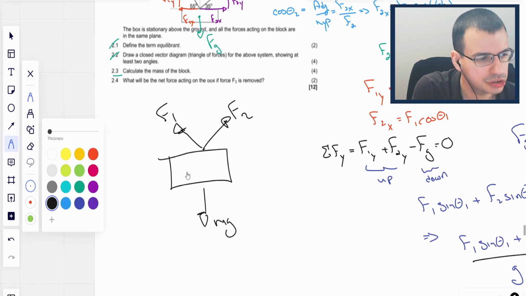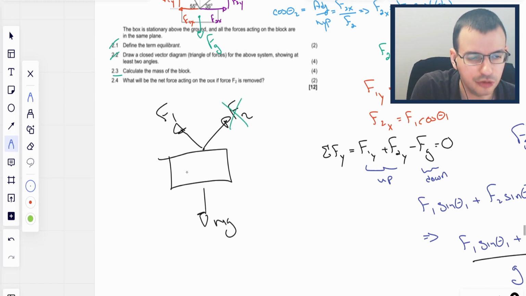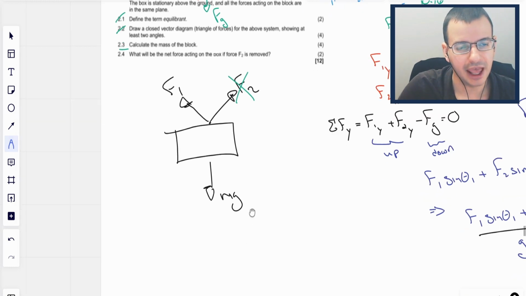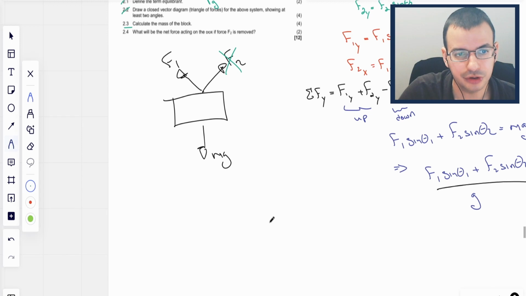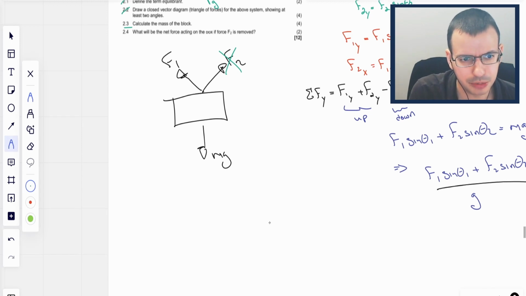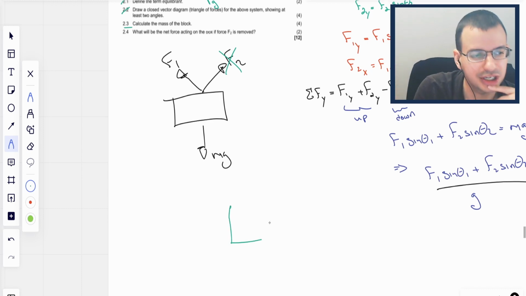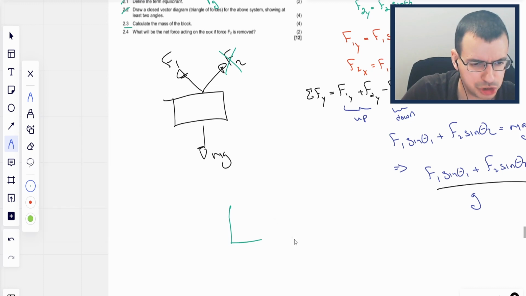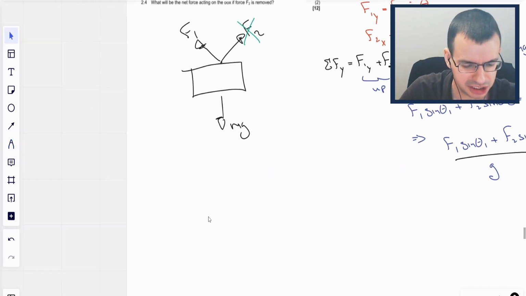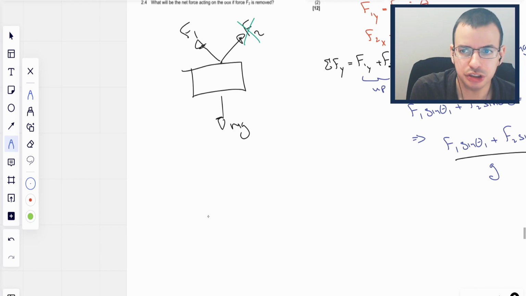I am just going to remove F2 and then calculate the resulting forces here. So what we're going to do is draw a triangle. There's not going to be any reorientating of the strings or anything. Just instantaneously, F2 disappears.